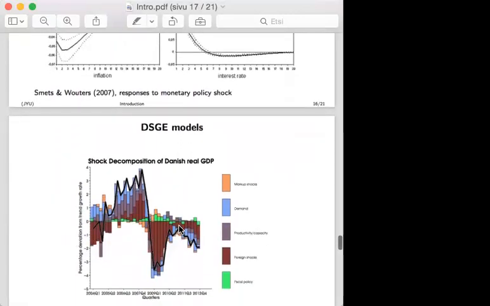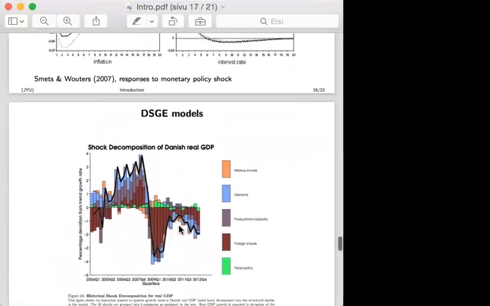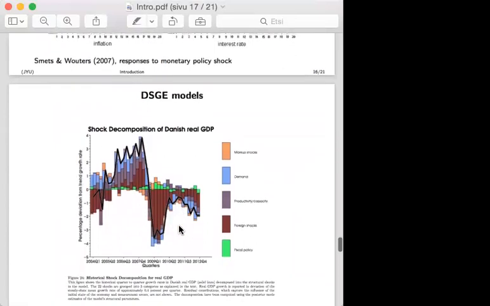Then one use of these models is to analyze data. This is Danish real GDP, and it decomposes the movements in the real GDP into different kinds of shocks: markup shocks, demand shocks, productivity, foreign shocks, and fiscal policy shocks.